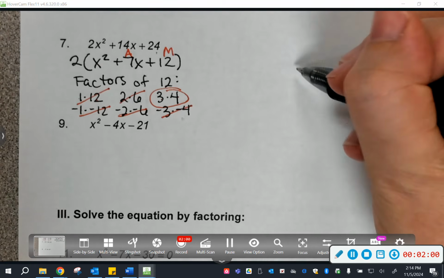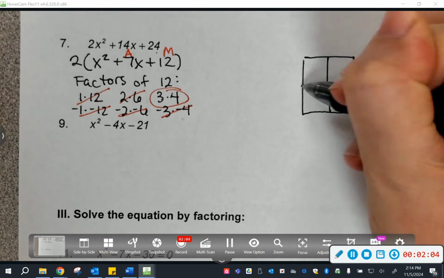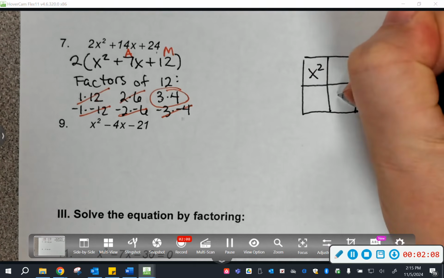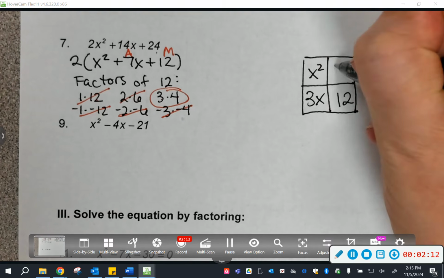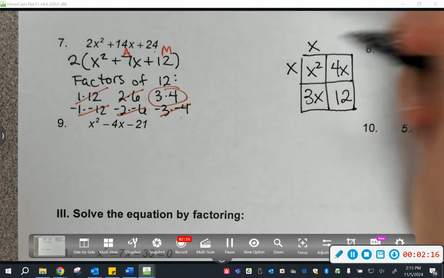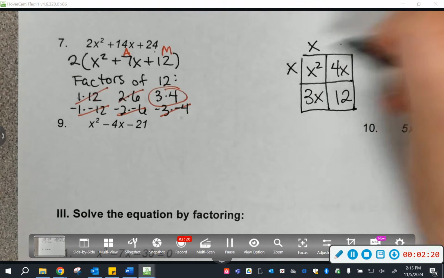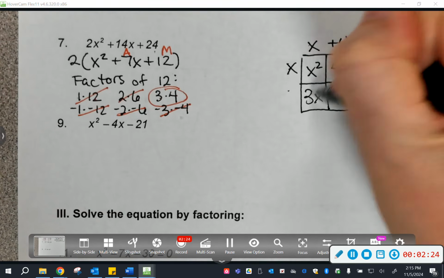And if we draw a box, we'll see that we want x squared and 12. We want 3x and 4x. X squared is always x times x. And then we say x times what gives me 4x? X times 4 gives me 4x. X times what gives 3x?